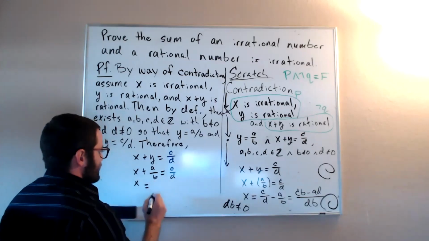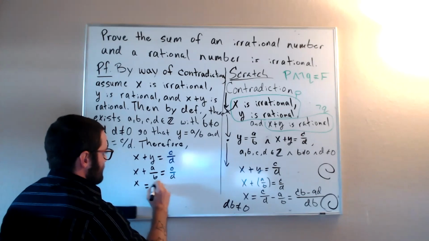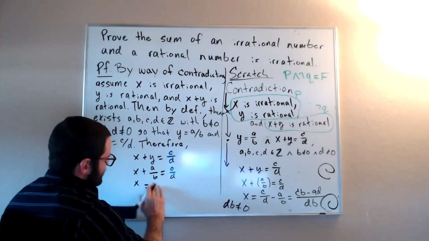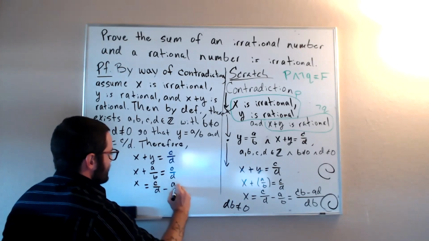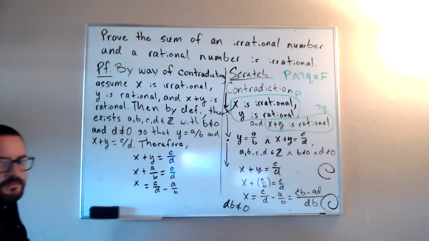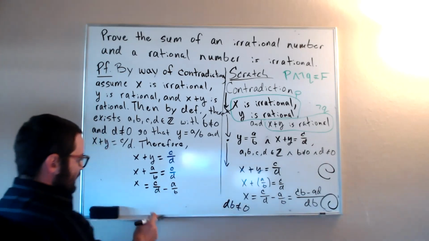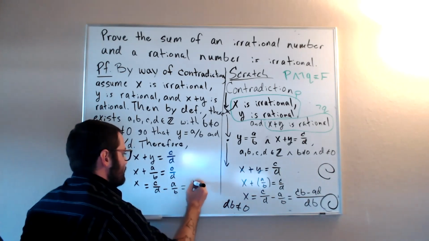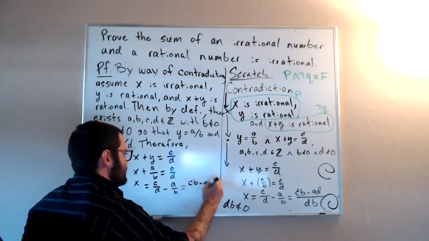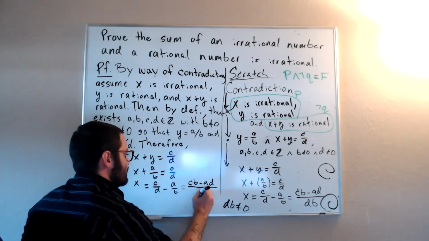And this is like saying x is equal to c over d minus a over b. And I would write one more line, but I'm running out of room, so I'm just going to write it right here: cb minus ad over d times b.